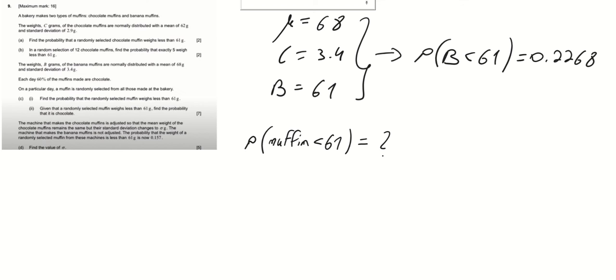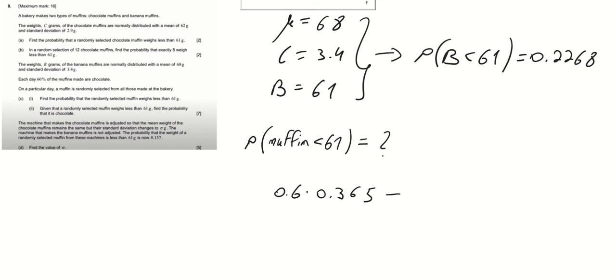We have two options here. There is a 60% chance that it will be a chocolate muffin. And then if it is, there is also a certain probability that it will weigh less than 61. This was calculated in A and it was 0.365.